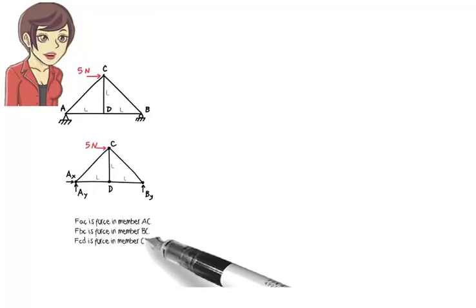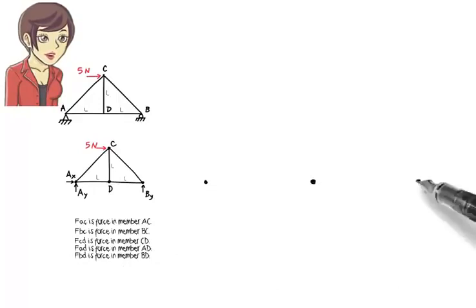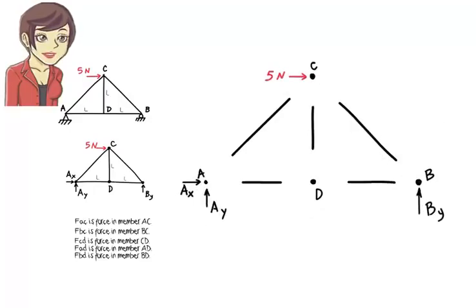We denote the force in each of the remaining members in a similar manner. Now, let's conceptually separate the members from the joints. That is, we divide the entire structure into 9 segments. There are 5 member segments and 4 joint segments.